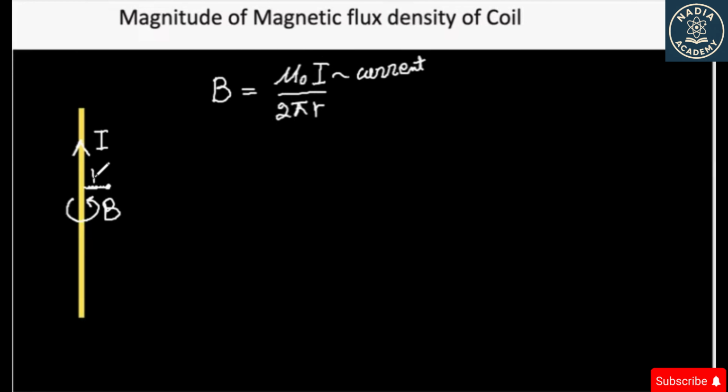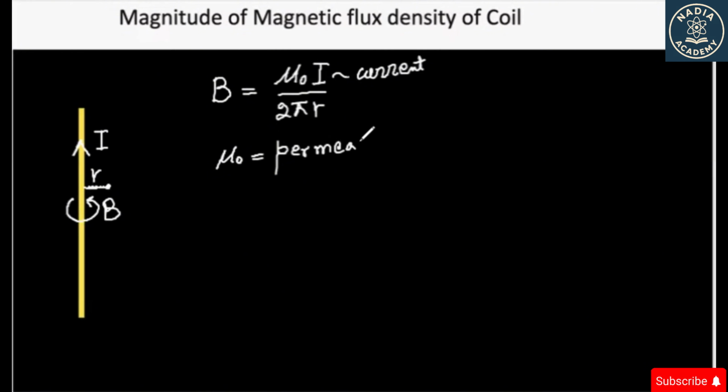For example, here this is our r, the distance from this wire. And mu naught is the permeability of free space. This is a constant in this formula.